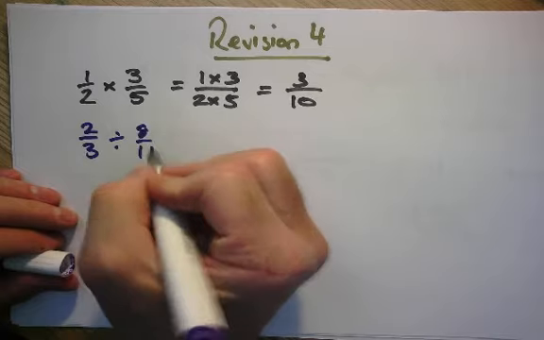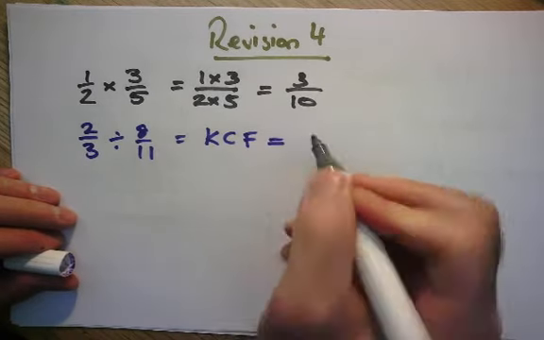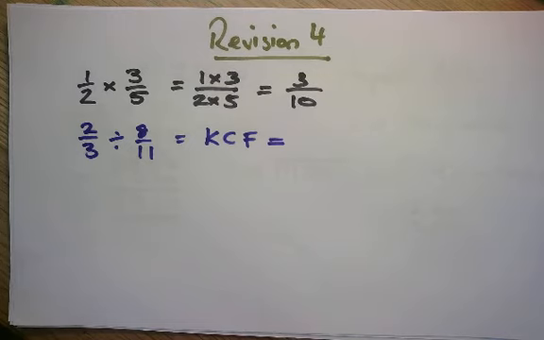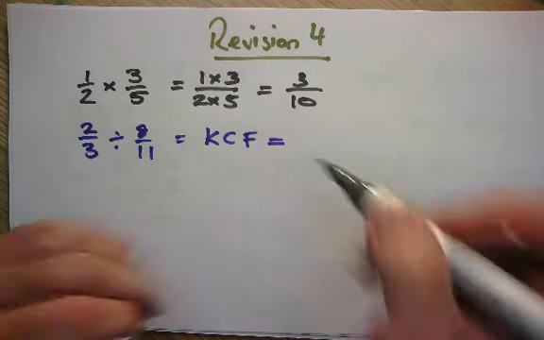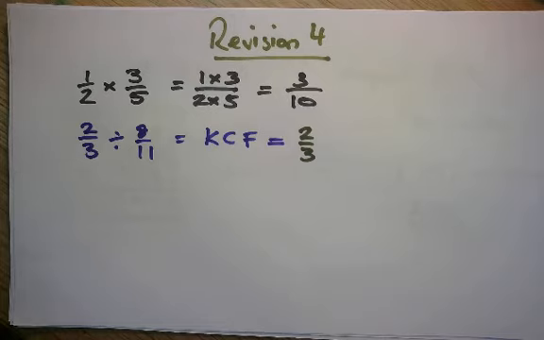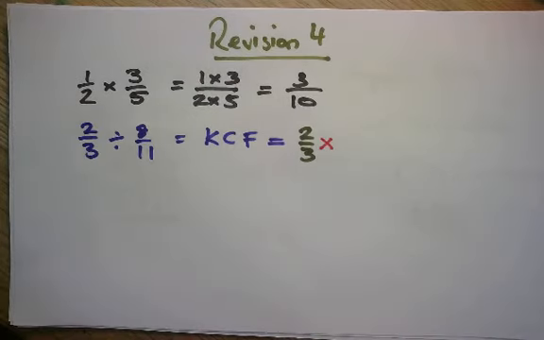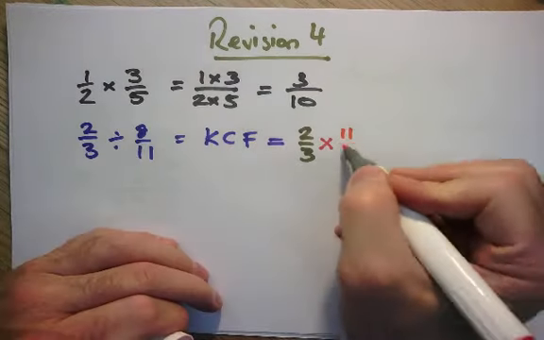When you divide a fraction, here's a tip: keep, change, flip. Keep the first one, change the sign to a times, and then flip the third one around.